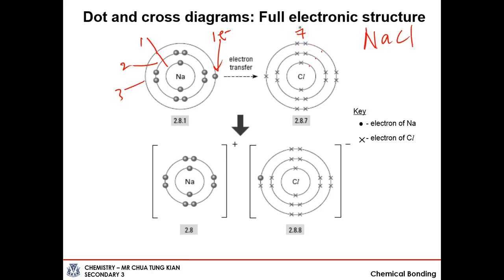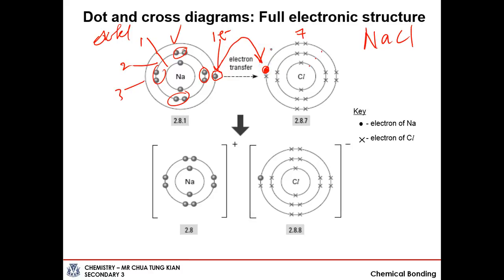So remember, first rule, when the elements react, they try to form the stable noble gas configuration, either an octet or a duplet. So if sodium were to lose 1 electron, how many would be in the next shell? It will be 1, 2, 3, 4, 5, 6, 7, 8. Perfect. Duplet, octet configuration. So this electron that's lost is transferred over to chlorine.